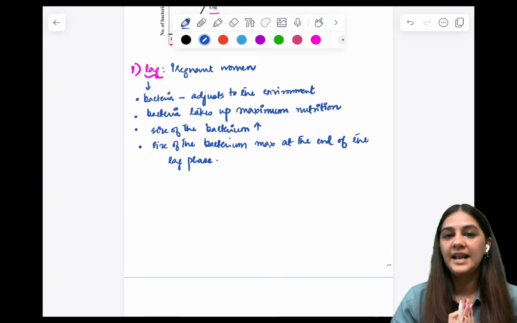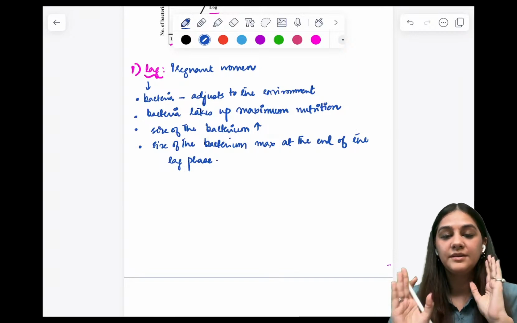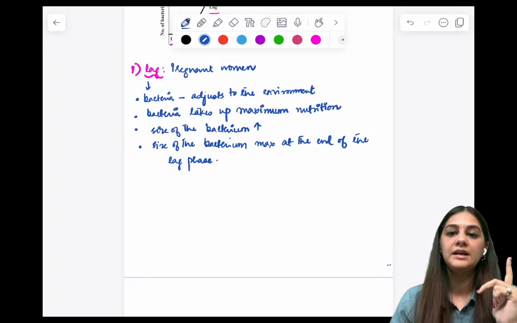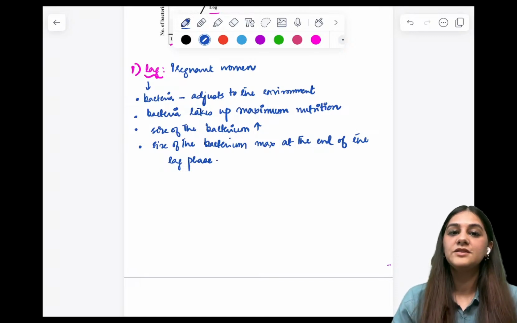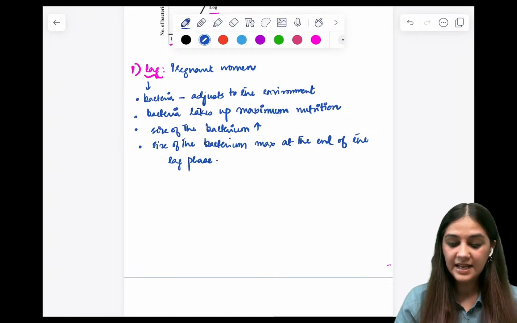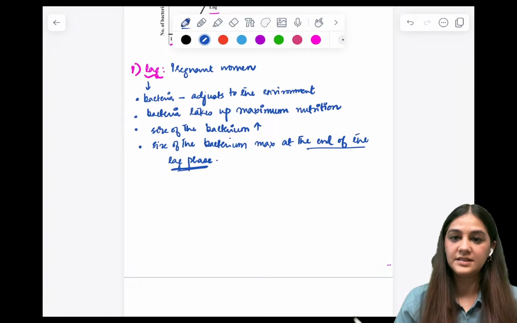So this is what the lag phase is. Remember a pregnant woman: the bacteria is adjusting to the environment, taking up maximum nutrition, and the size of the bacterium is increasing. And when is it reaching the maximum size? At the end of the lag phase. So this is what the lag phase is, right?